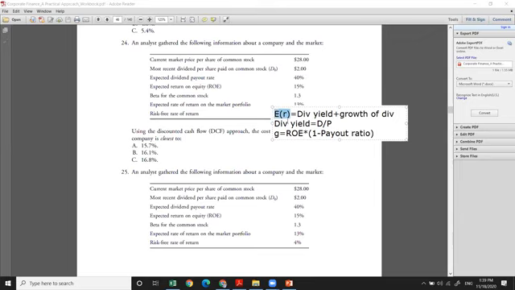That expected return is actually the cost of equity using the discounted cash flow method. Now we can calculate the dividend yield. The price is given.